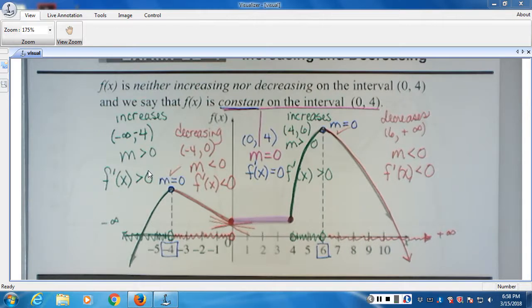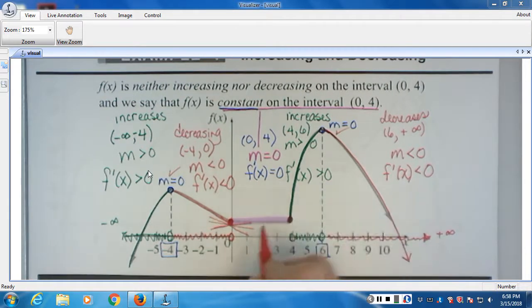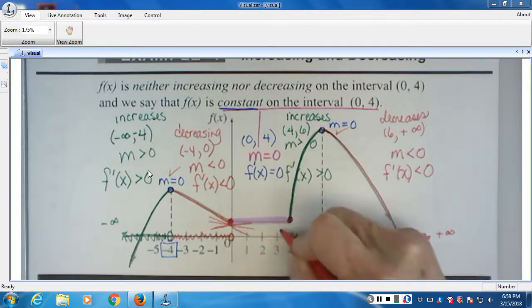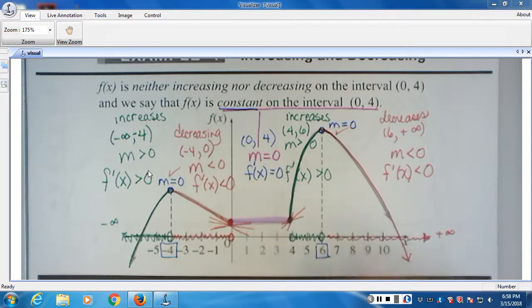It did, that's exactly right. That was the next point. So you're very perceptive. The same thing is happening at 4. It's going along being constant, and then suddenly it takes off and goes up. I can't draw a unique tangent line at 4 on that function.